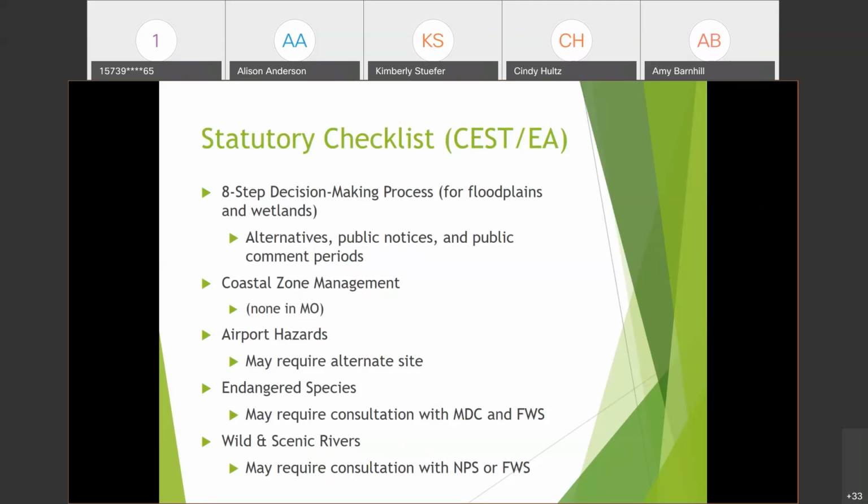And so you just need to document all that consultation that took place. You want to include your reports, your IPAC and your natural heritage reports. And the U.S. Fish and Wildlife, they have an effect determination tool on their website that will help you determine whether or not you need to consult with them.